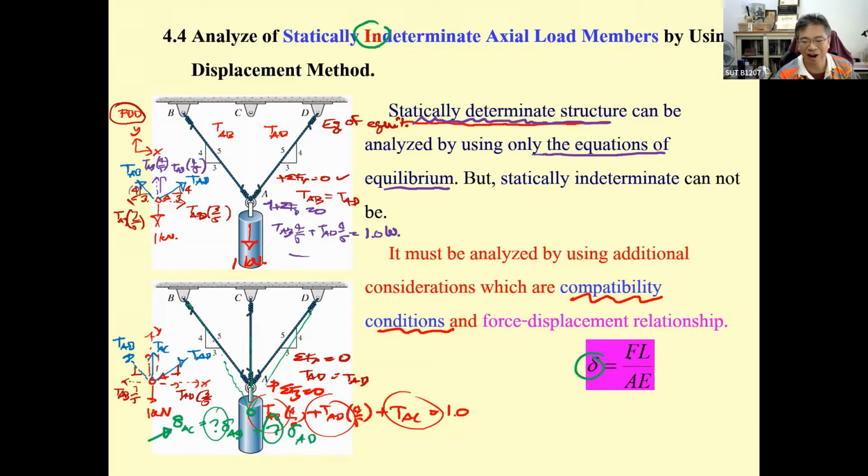So the next equation will be in the form of the equation in the unknown forces, and you can solve 3 equations, 1, 2, and this one 3 to get the solution. This is a kind of example to show you about the statically indeterminate compared with statically determinate.